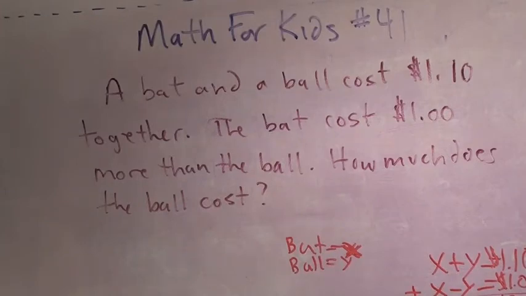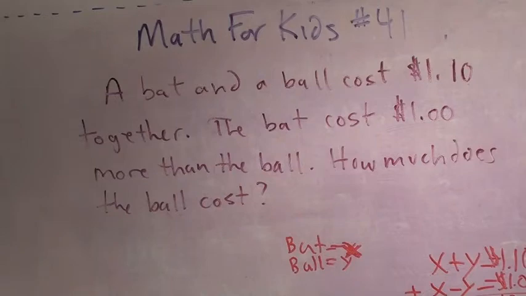Is that what it says? What equals X? Your thing says X is $1.05. What was X? X was the bat. Right. The ball equals 5. The ball costs 5 cents. You gotta be careful. You did the whole problem right, and then you just thought.